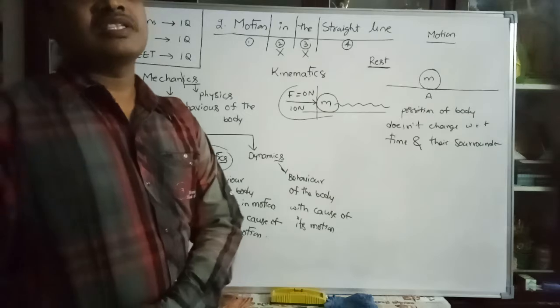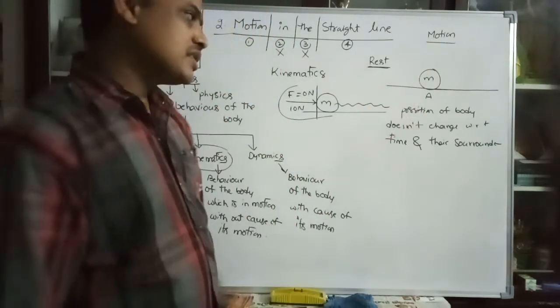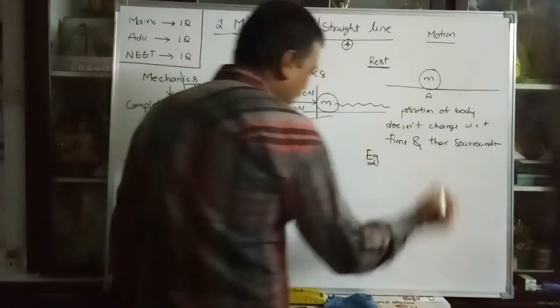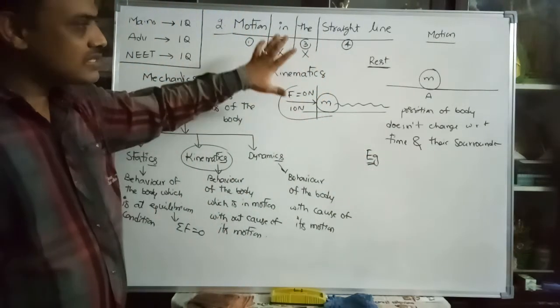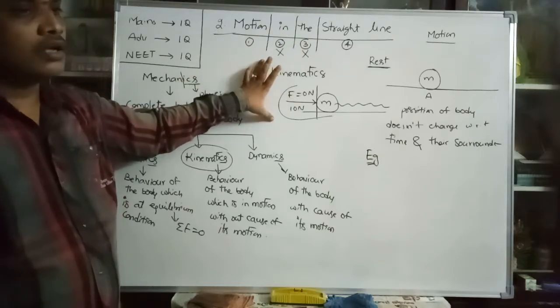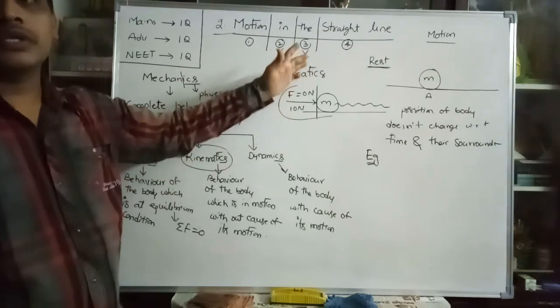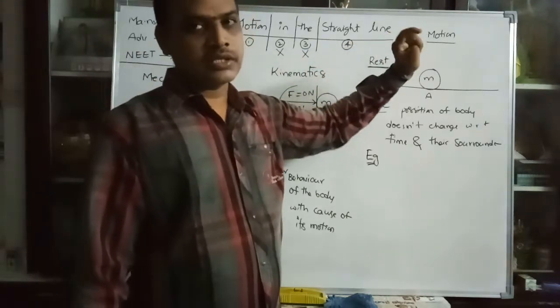So if the position of the body does not change, then the body is said to be at rest. The best example, which every student must know, is the blackboard. Today the blackboard is on this wall, and tomorrow its position does not change. So the position of the body does not change means the body is at rest.